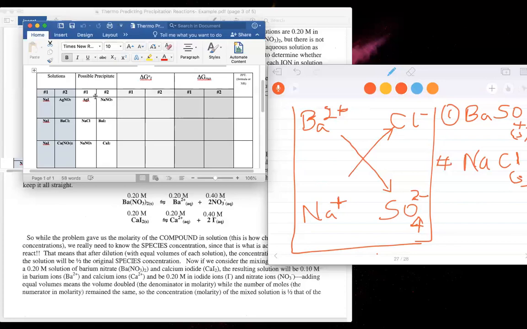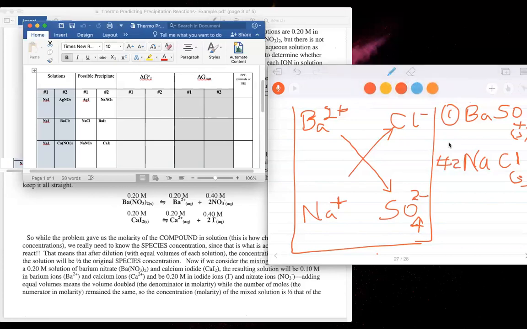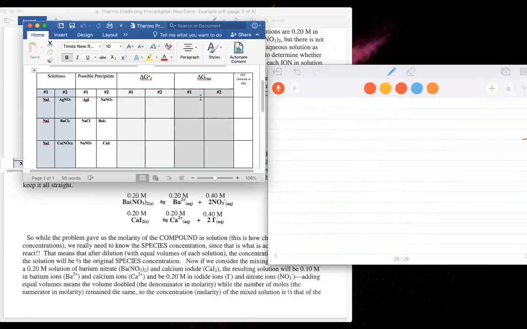Now, for number 1, look at how I've labeled my precipitate. This is number 1, this is number 2. We need to calculate this term right here, delta G node formation of barium sulfate.